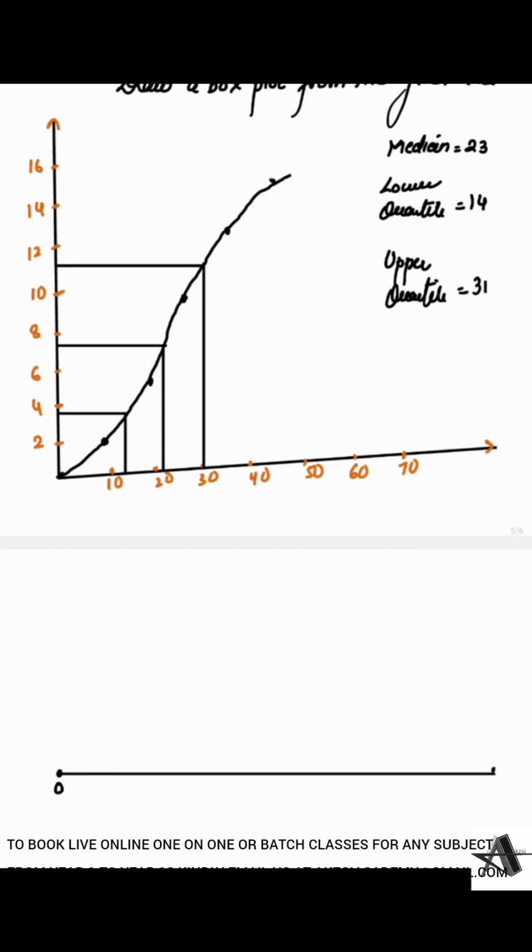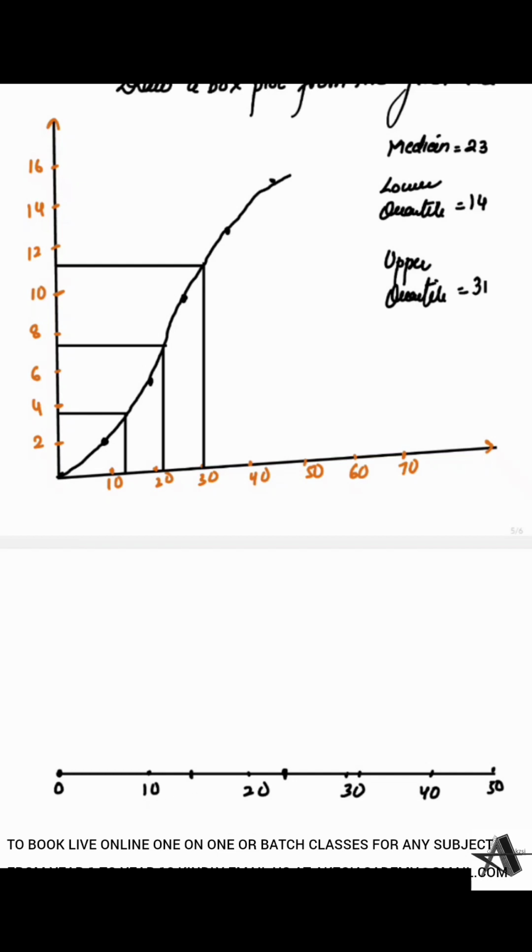Now the minimum is 0 and the maximum is 50. Let me draw a gap of 10: 10, 20, 30, 40. The median is at 23, so it would be here. I can say this is the median. The lower quartile is 14, so somewhere here, and the upper quartile is 31, right here.